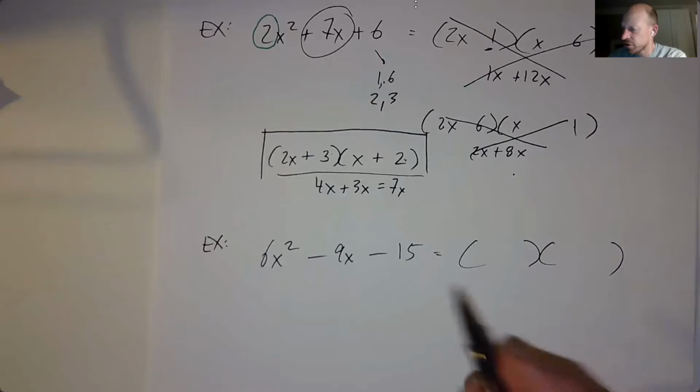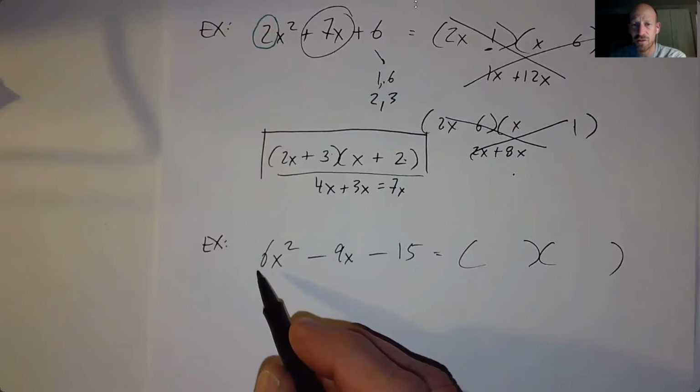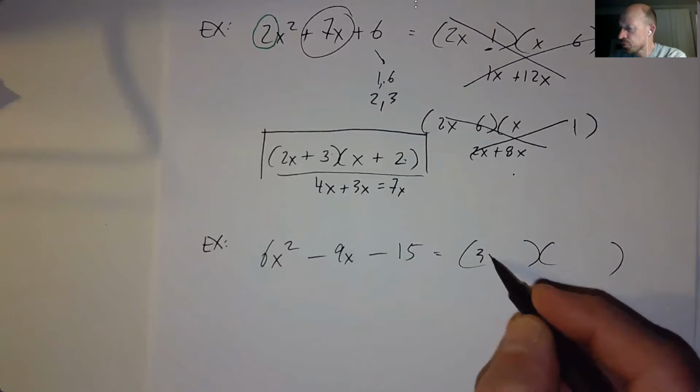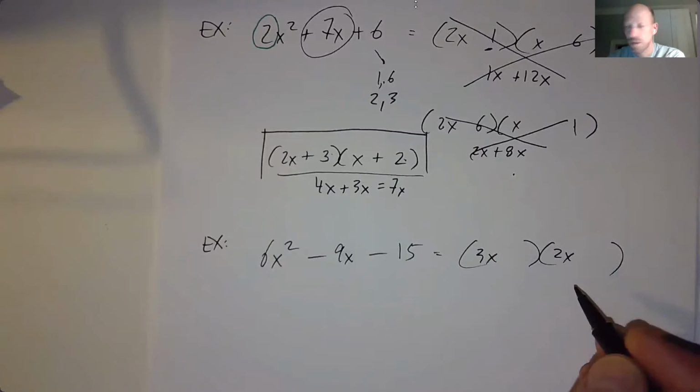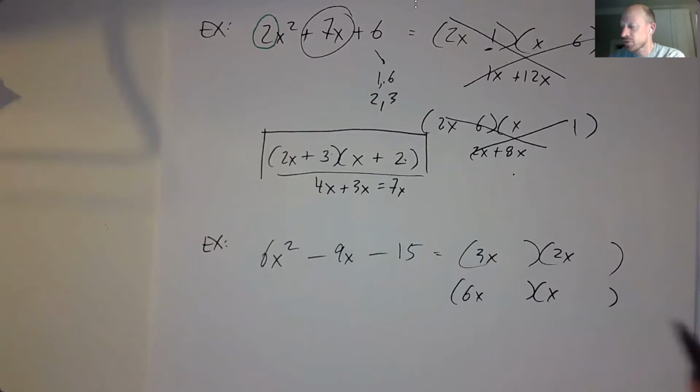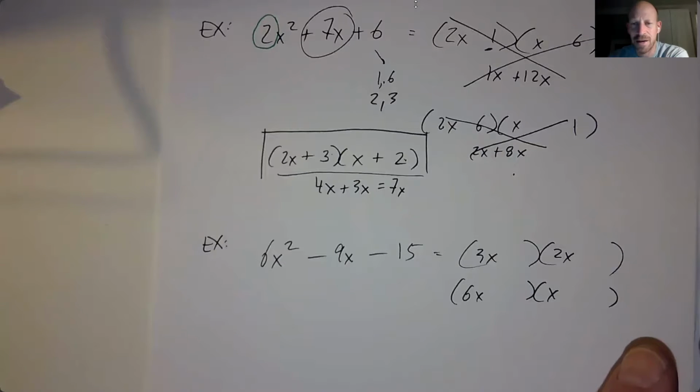The challenge here is that 6x is sort of even worse than the 2x, because 6x could be 3x and 2x, but it could also be 6x and 1x. So now I have a whole bunch of new possibilities and a whole bunch of different things to try. I'll get there eventually, but I'm not loving it, right?